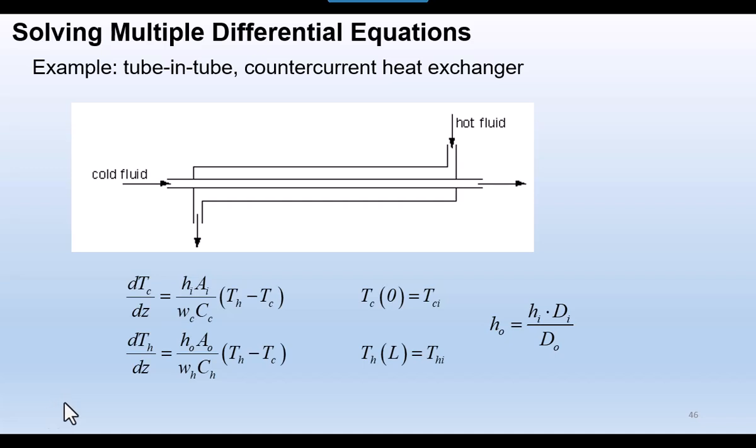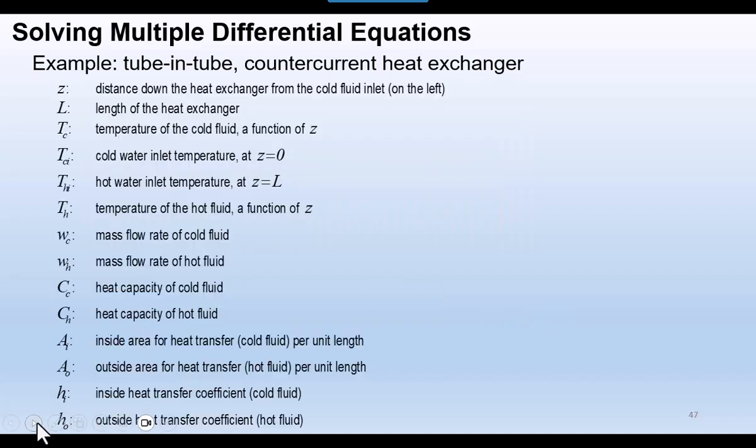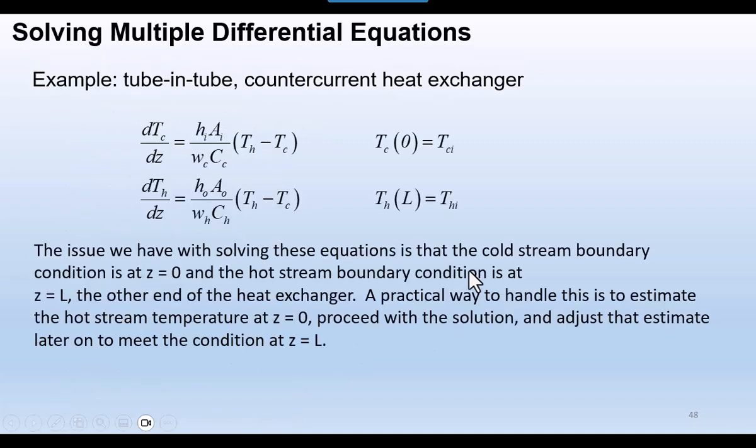So moving on here, there is a slide with all the nomenclature that you need, and we're not going to go through that item by item, but it's there for your reference.